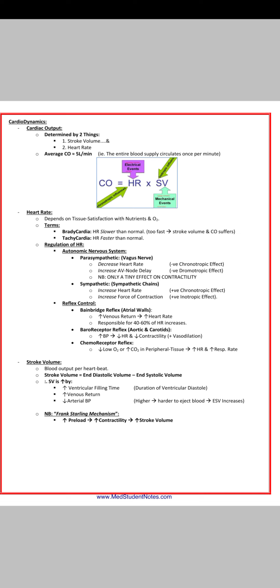The heart rate is influenced by chronotropic influences and the electrical events. So the heart rate, or the number of beats per minute, is determined by chronotropic influences and electrical events. Next is the stroke volume. Stroke volume is influenced by inotropic influences and mechanical events.